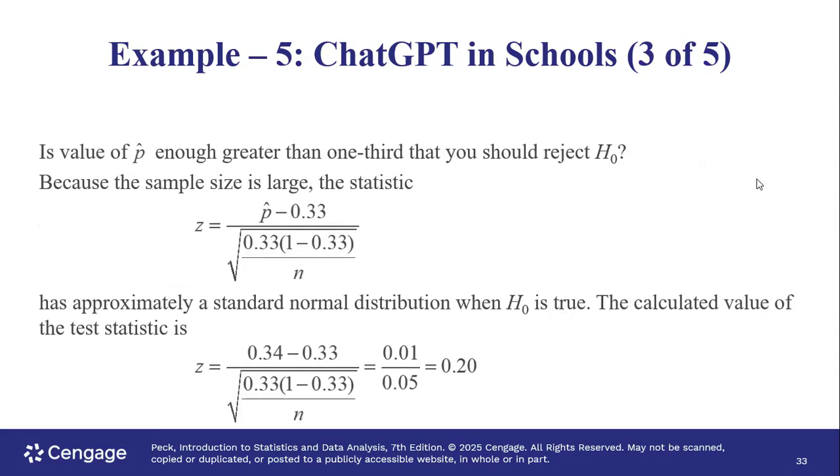So z is given by p hat minus 0.33, the hypothesized value in the null hypothesis, divided by the standard deviation of the sampling distribution of p hat, assuming the null hypothesis to be true. That is, the standard deviation of p hat is calculated using p equal to 0.33, which is the value in the null hypothesis.